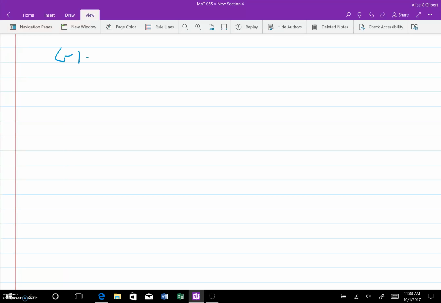Okay, let's look at one like this. So negative 1 plus 2i minus 4 plus i. Again, I just need to get rid of my parentheses. So positive times a negative is a negative, positive times a positive is a positive, negative times a positive is a negative, and negative times a positive is a negative.